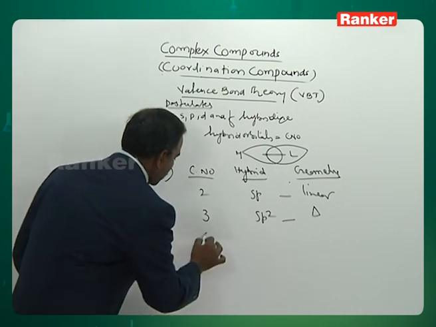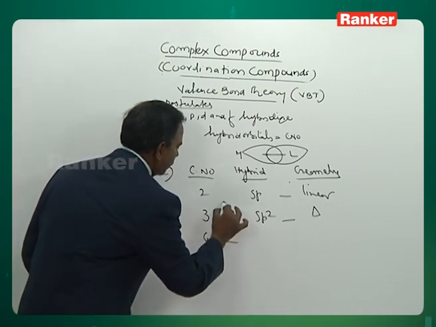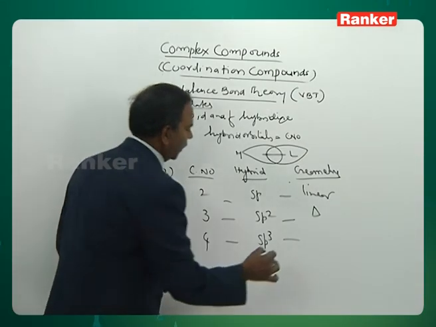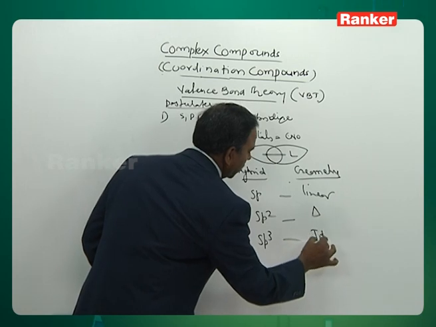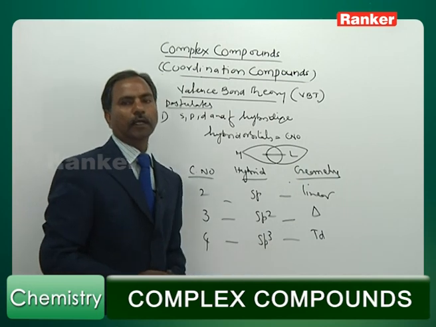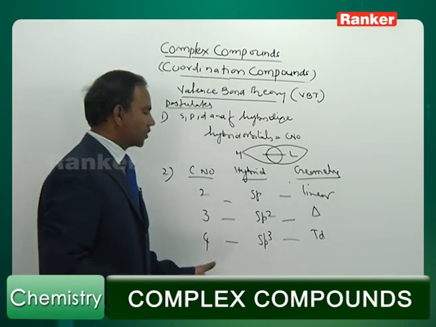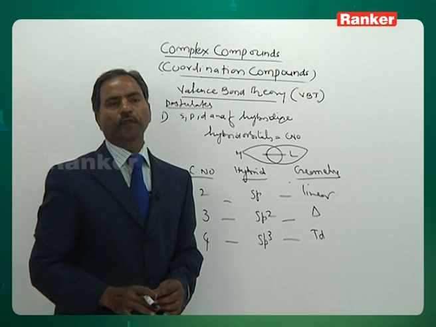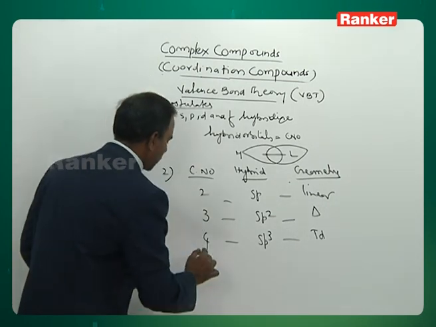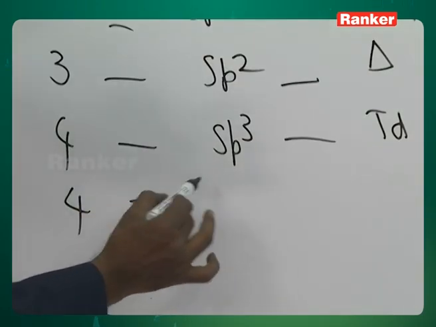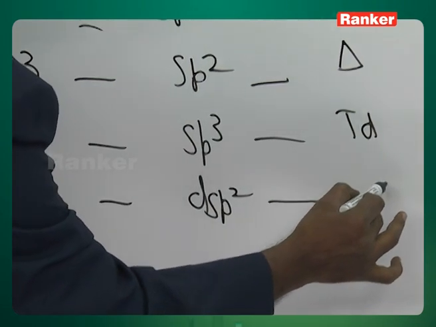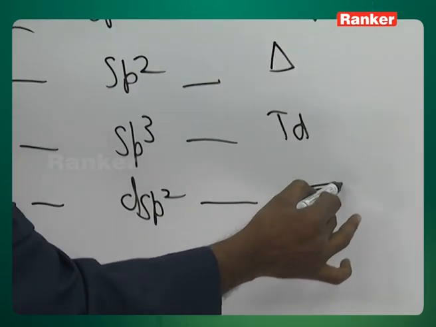Next, take coordination number 4. Then the possible hybridization is sp3, tetrahedral geometry. Another choice is also there. Whenever coordination number is 4, another possible geometry is square planar. Another possibility I am writing, for dsp2 hybridization, you can take it as square planar geometry.